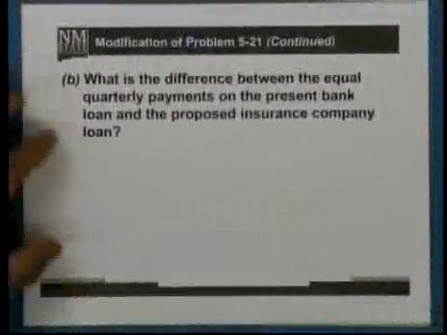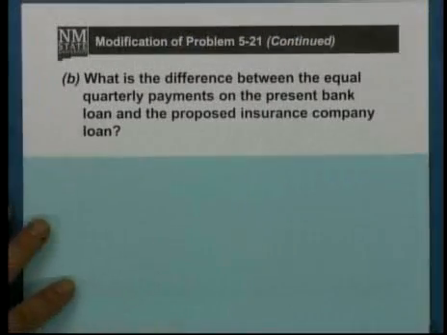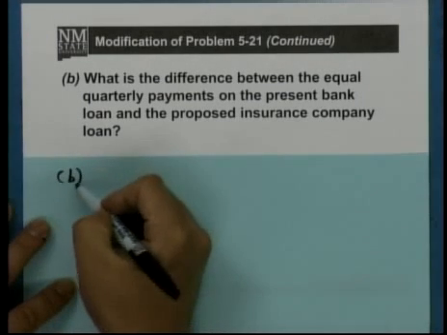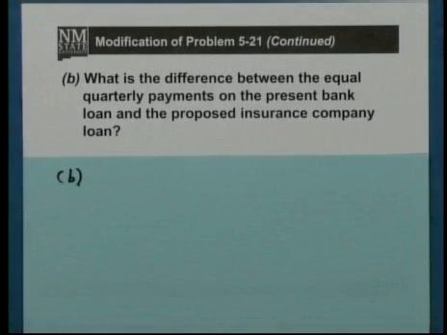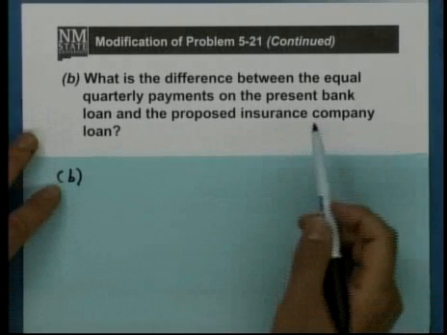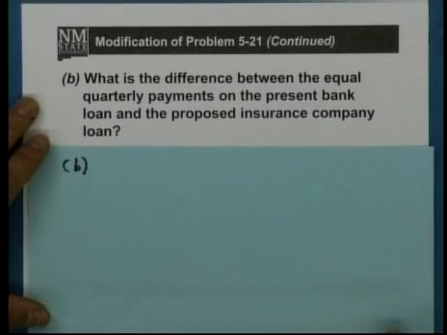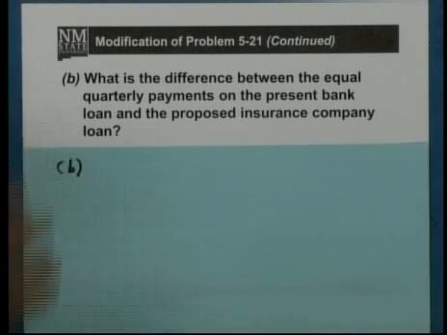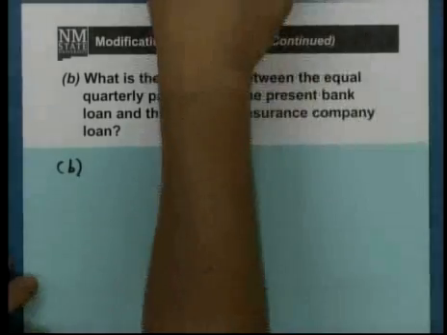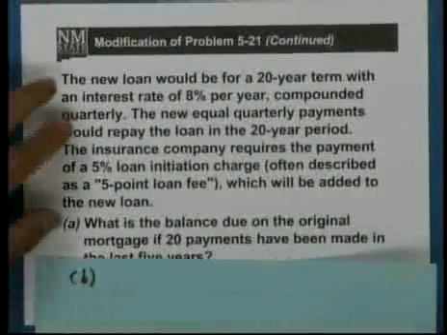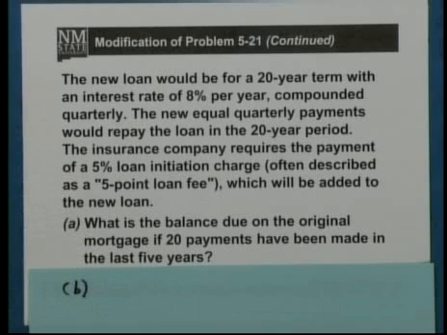Now let's work on part B. What is the difference between the equal quarterly payments on the present bank loan and the proposed insurance company loan? So we need this information about the new loan from the insurance company, right? So it is now proposed to refinance the loan.